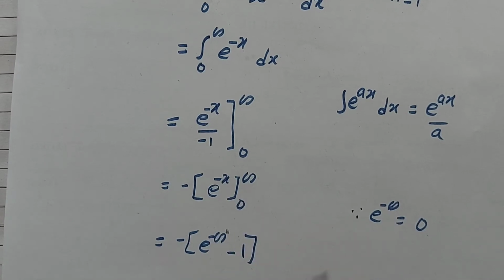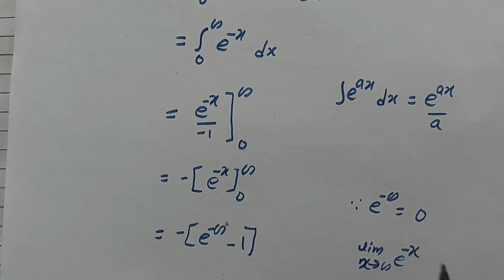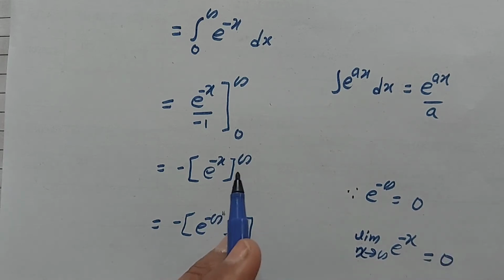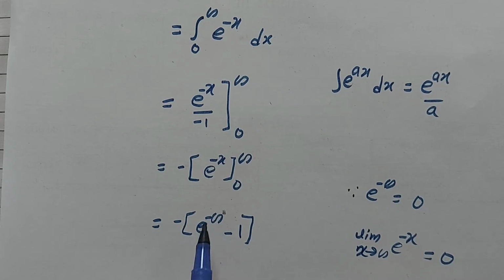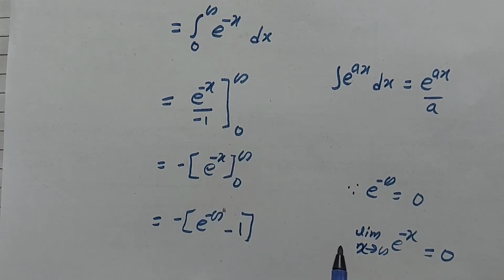Actually infinity is not any value. If we want to simplify this term, we have to take the limit as x extends to infinity of e raised to power minus x, and that limit is 0. Here we are putting the upper limit, but actually it is not putting the value of the upper limit, it is taking the limit as x extends to infinity of e raised to power minus x, and the value of this term is 0.